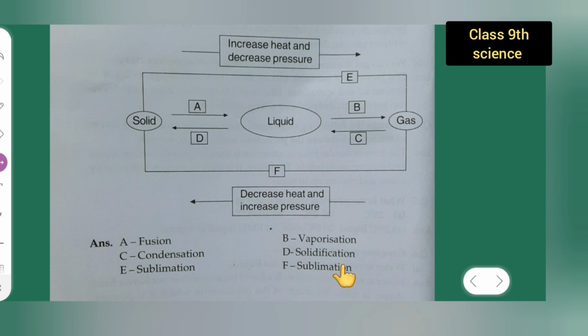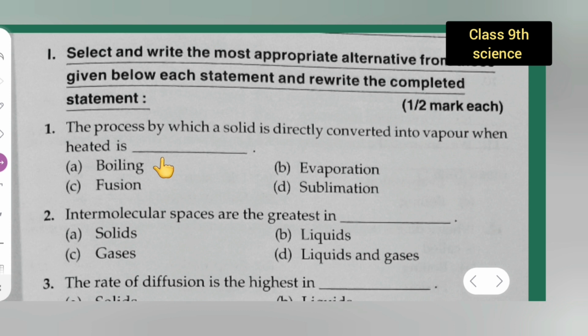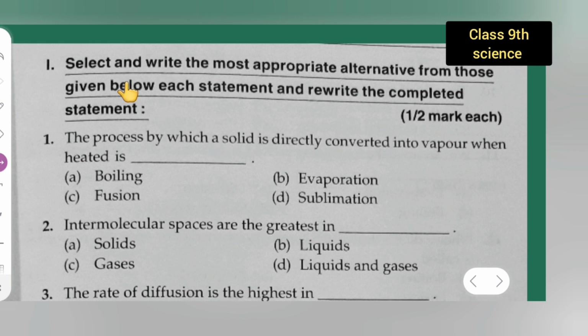Now moving further, these are the additional questions and answers. Select and write the most appropriate alternative from those given below each statement and rewrite the completed statement. First is what?